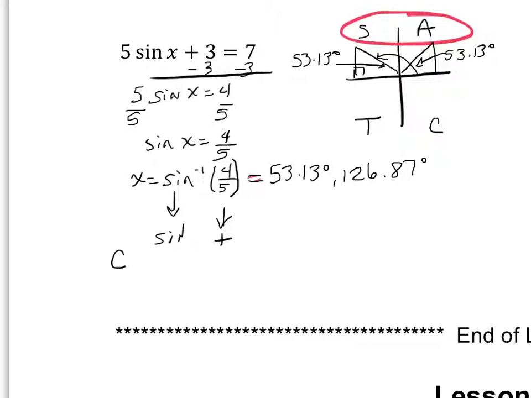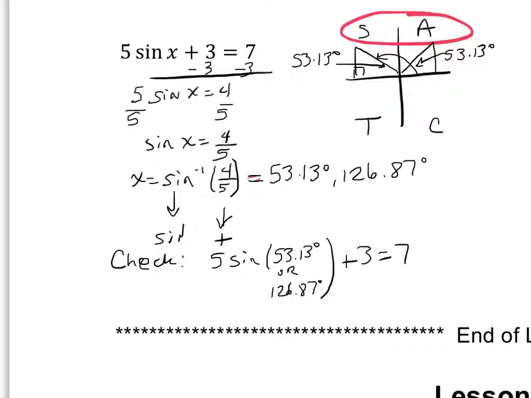And we can check our work by saying 5 times the sine of either 53.13 degrees or 126.87 degrees plus 3 should equal 7. If you end up getting something that doesn't equal 7, you might have to look for your reference angles in the other two quadrants.